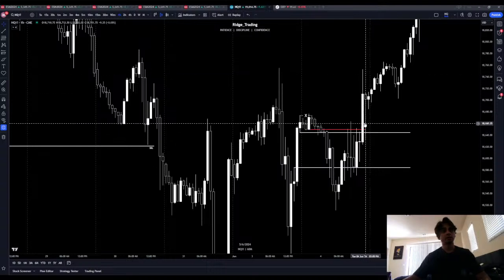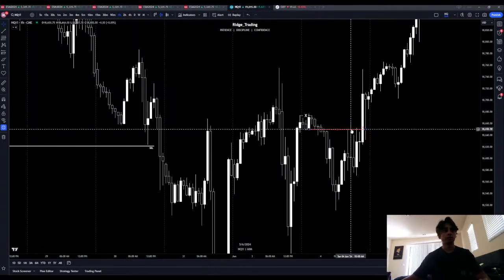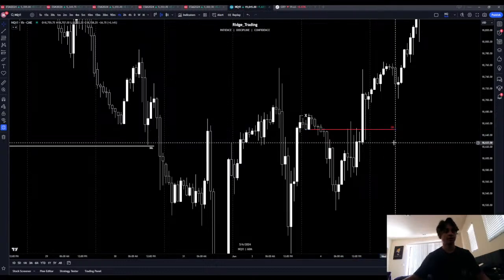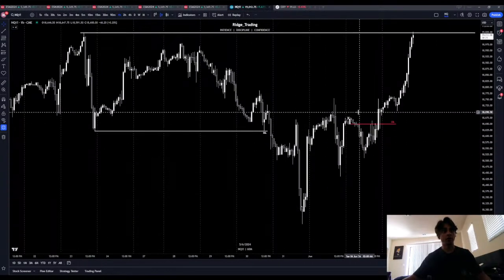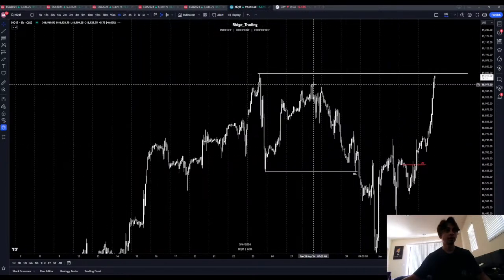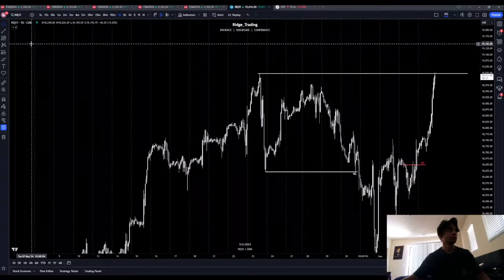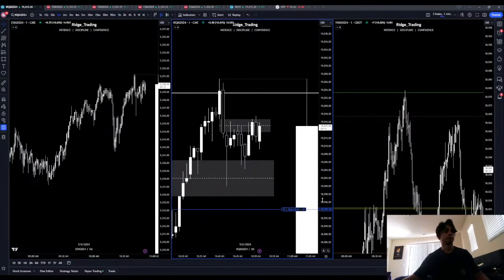But probably going to go higher, when the hourly chart is showing that we're probably now in a market maker buy model after getting above the order block, right? And then this is the completion.